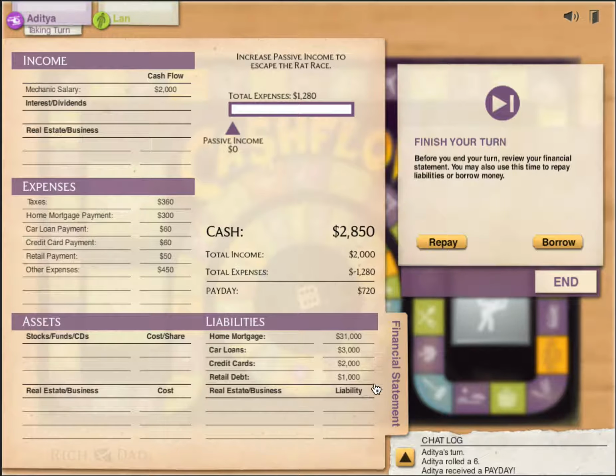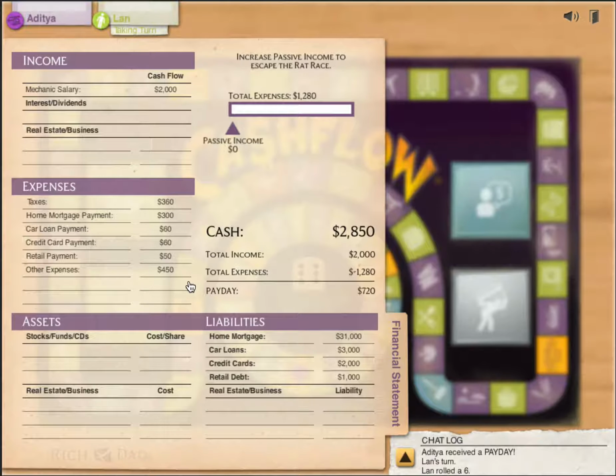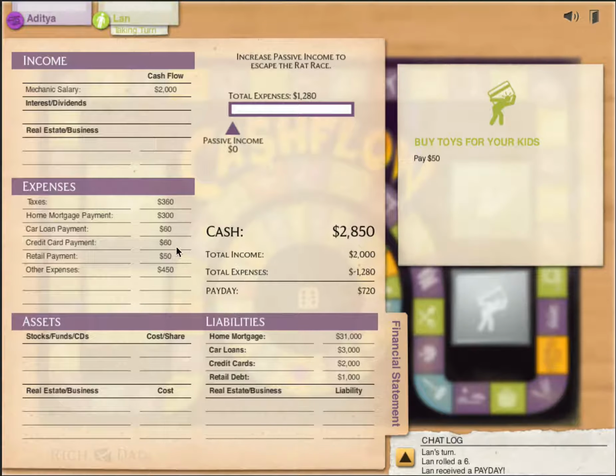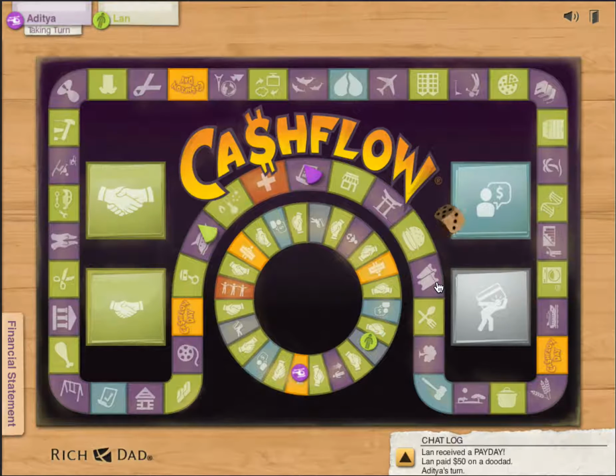I'm not going to pay any of these loans back, and I'll explain in a second why. All of these loans, if you look at them, let's say I have a car loan of $3,000, and my car loan payment is only $60 here. So that's way less than 10%.